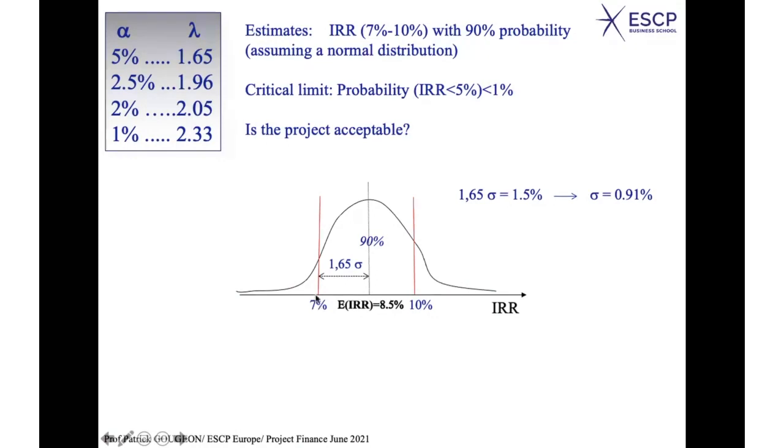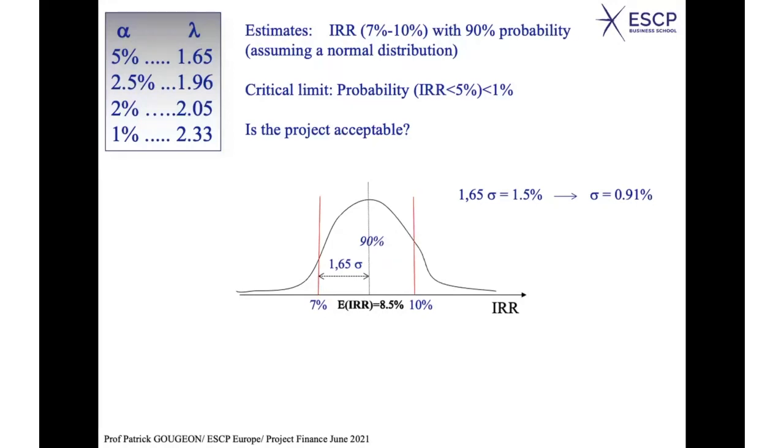Hence, you can consider that the standard deviation of the distribution of the internal rate of return is 0.91. That is 1.5 over 1.65. In other words, you know that the internal rate of return has a normal distribution with a mean of 8.5 and a standard deviation of 0.91.